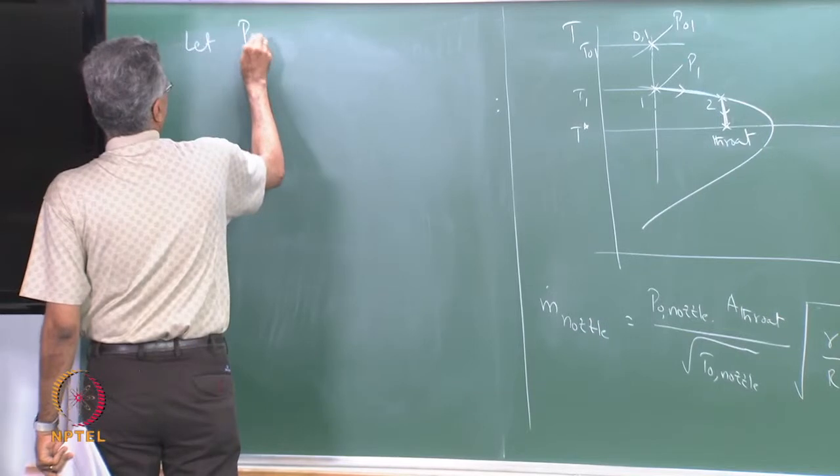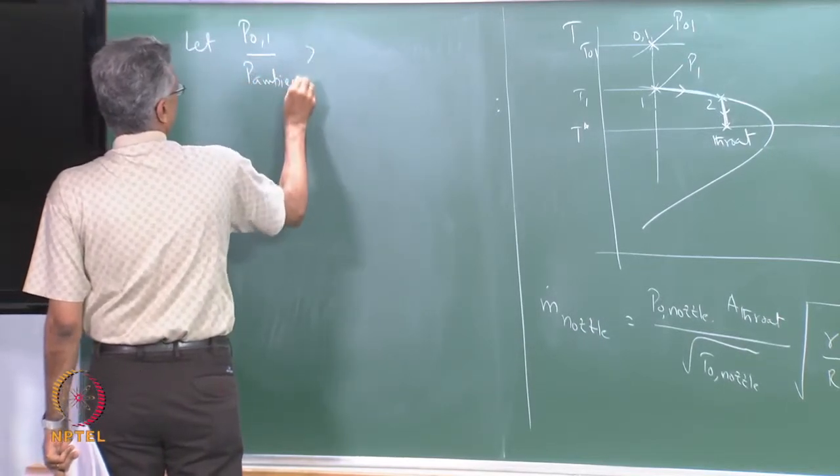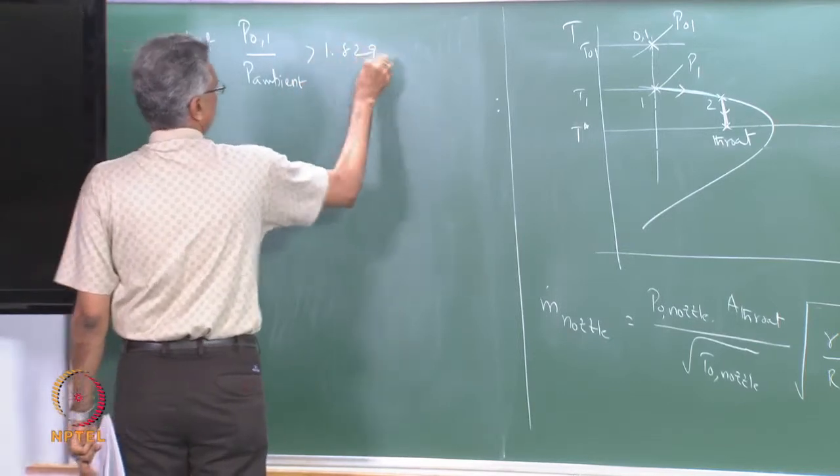Let P01 divided by P ambient be greater than 1.829.